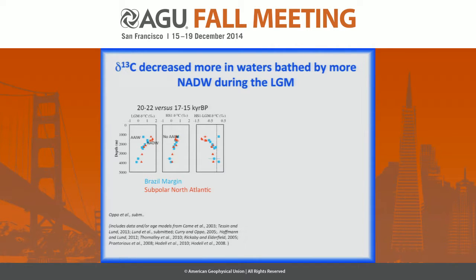So these are all the data that I'll be discussing today. And these are depth transects for LGM Delta C13, Heinrich Stadial Delta C13, and the Delta C13 difference between those 2 time slices.